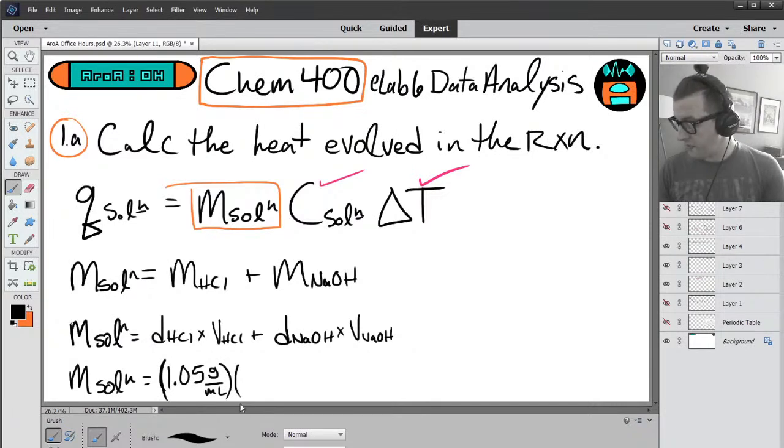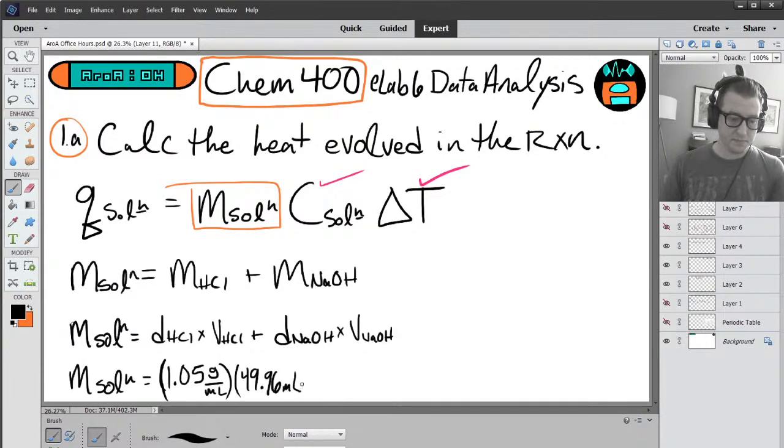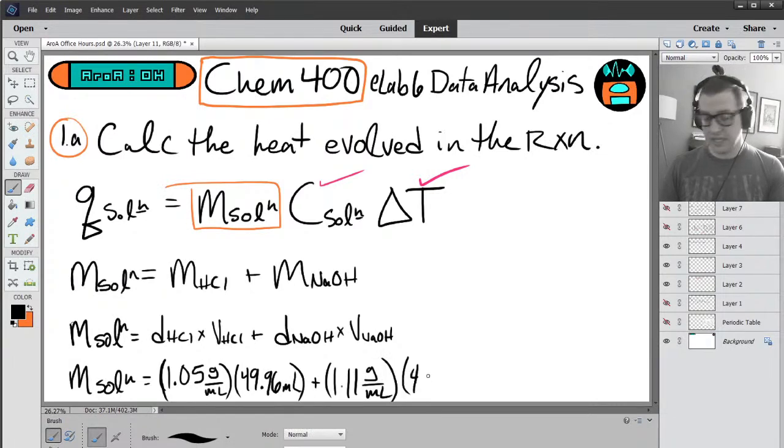And the volume of HCl was 49.96 milliliters, plus the density of sodium hydroxide, which is, for my data set, 1.11 grams per milliliter, times the volume, which is 49.85 milliliters.